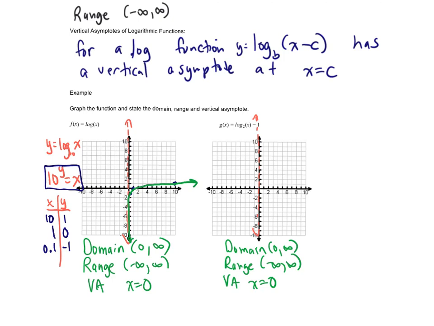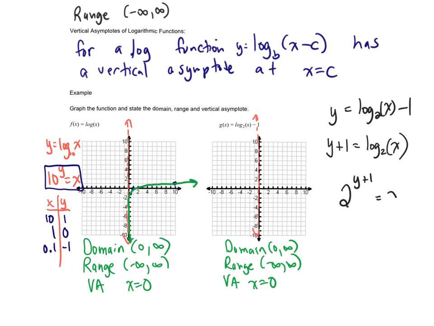So we can have y equals log base 2 of x minus 1. If I want to solve that, I could add 1. So y plus 1 equals log base 2 of x. And then I can convert it to exponential form. So it's 2 to the y plus 1 equals x.